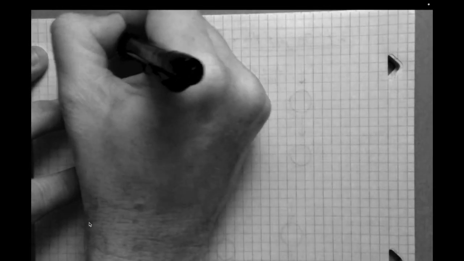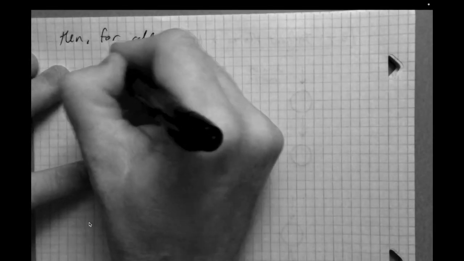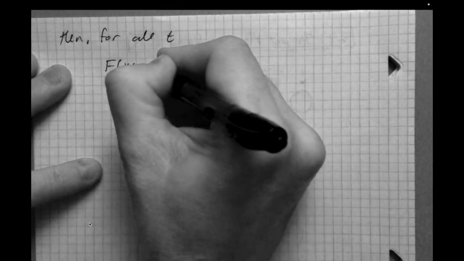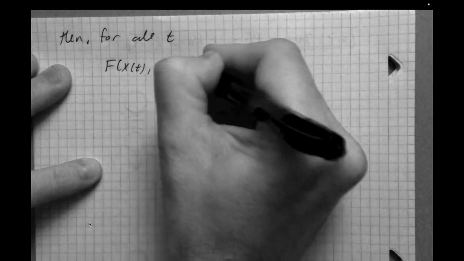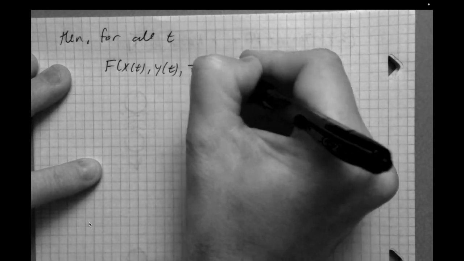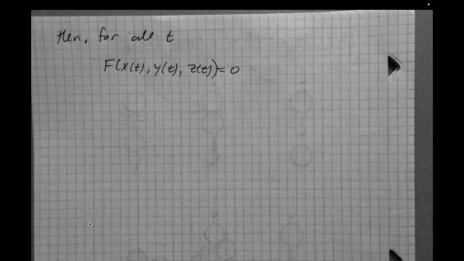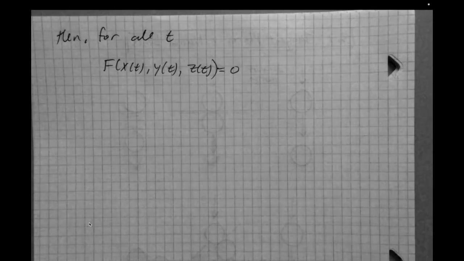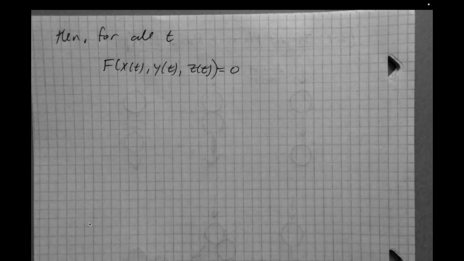Now, what we can say then is that for all t, f of x of t, comma, y of t, comma, z of t equals 0. That's obvious. f of x, y, z is equal to 0, so if you plug in something specific, you get 0 as well.